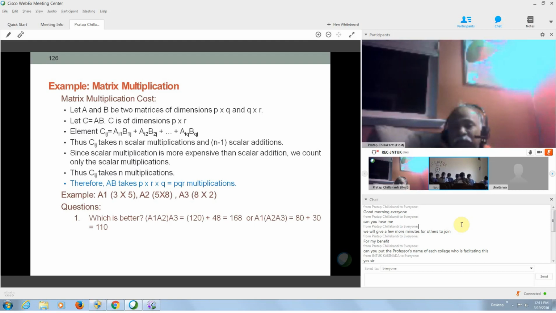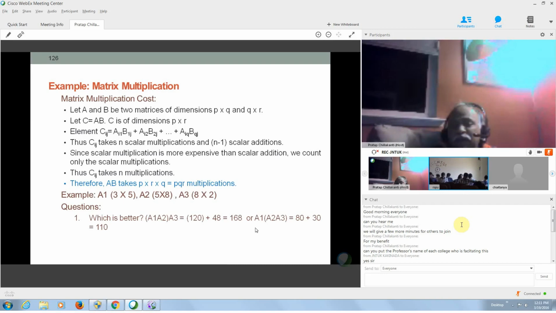The way you compute the cost is, you have this formula PQR, right? You know what PQR are? Calculate the PQR for each of those combinations and then tell them which one is the right solution, okay?